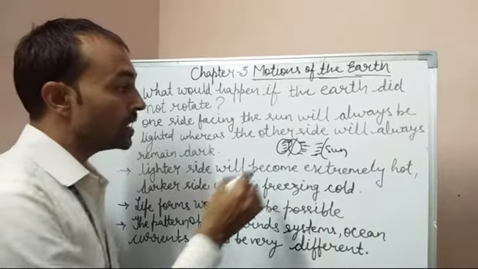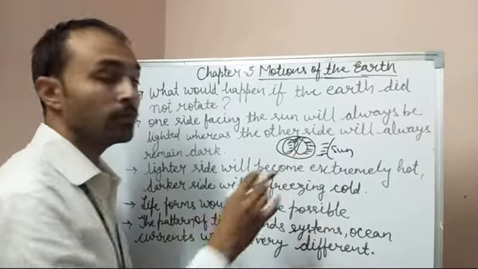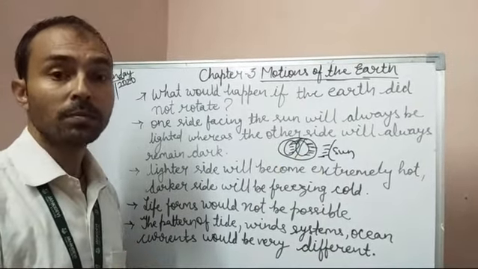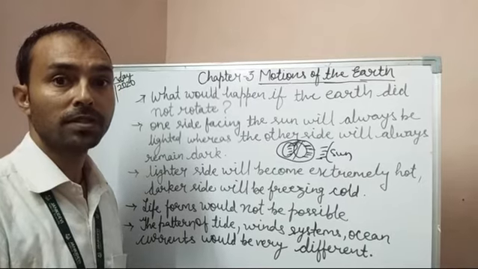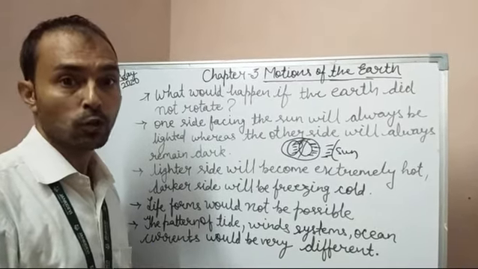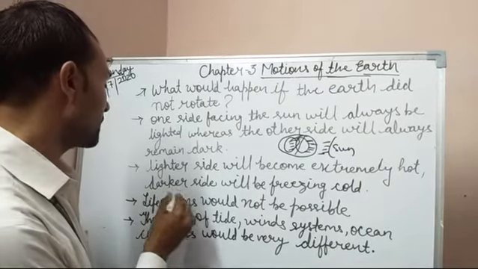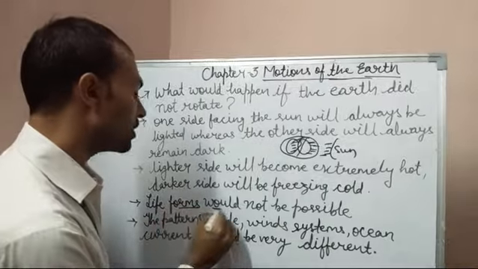What could this lead to? The lighter side would have extreme heat, whereas the darker side would remain freezing cold. So in those extreme conditions, life would not be possible.